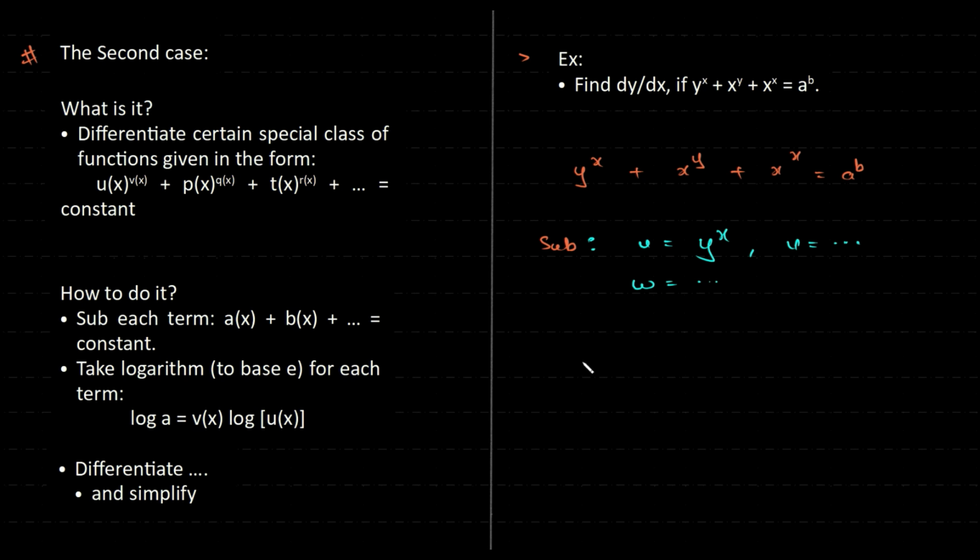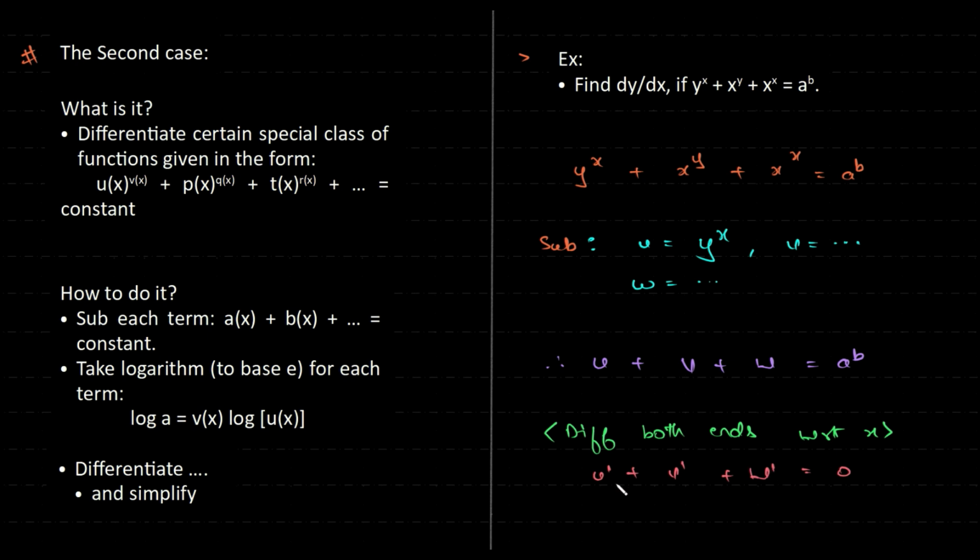Now, the question will become u plus v plus w is equal to a to the power of p. Now, if I differentiate both ends with respect to x, the question turns out to be u prime plus v prime plus w prime is equal to 0. Differentiation of a constant is 0.